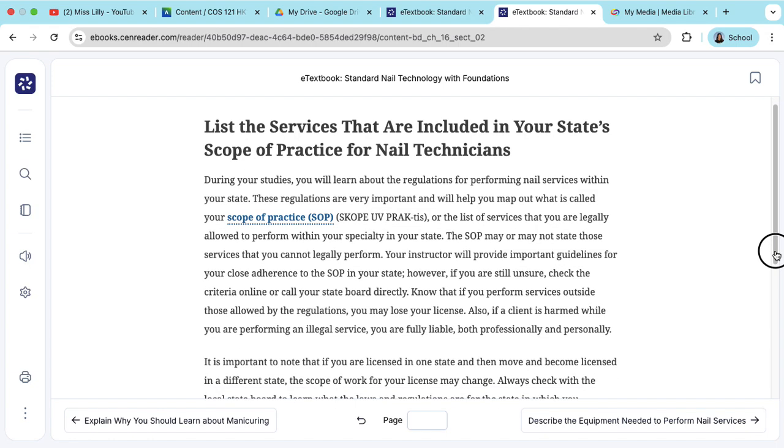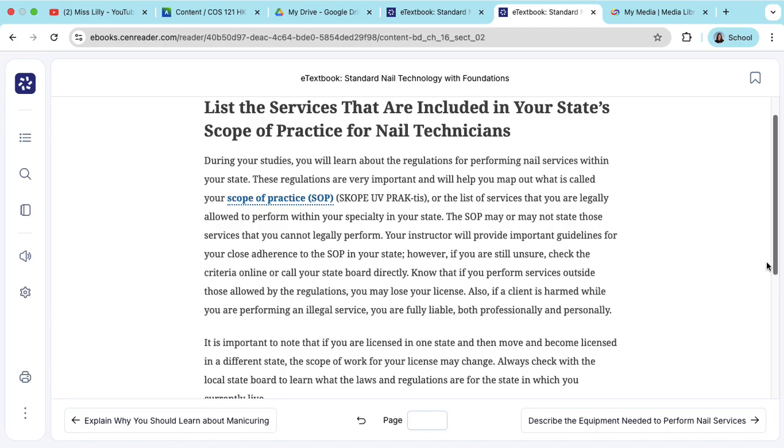Let's talk about services that are included in your state scope of practice for nail technician. During your studies, you will learn about the regulations for performing nail services within your state.